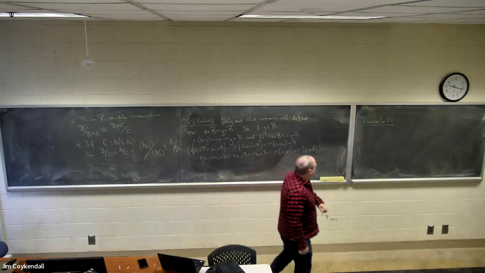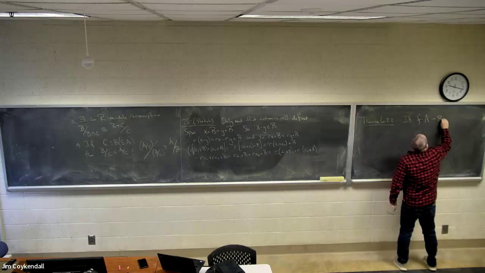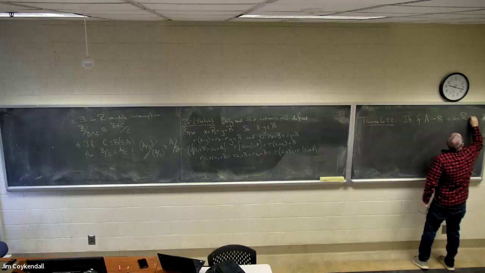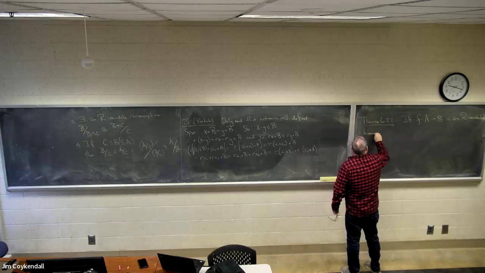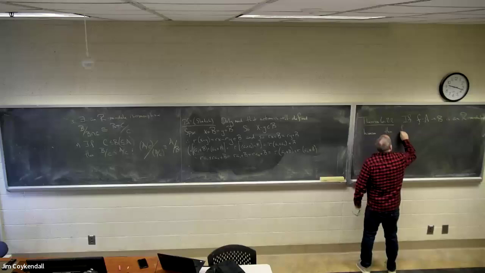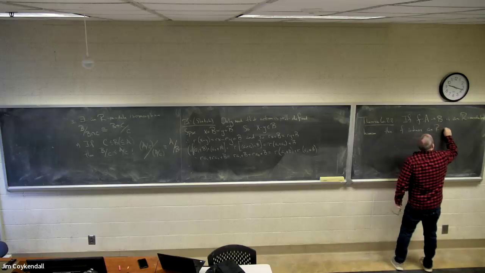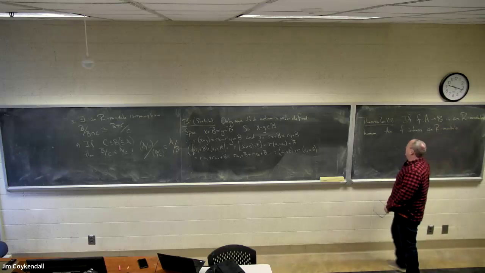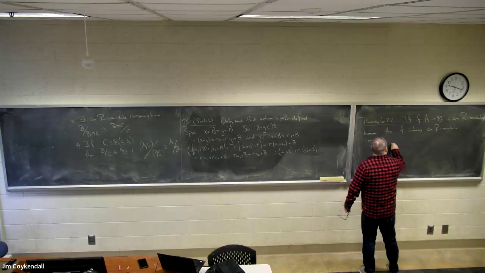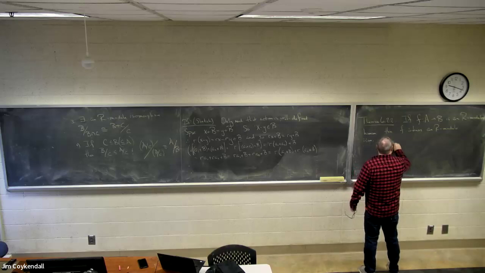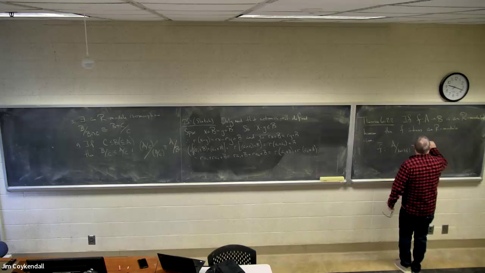If F from A to B is an R module homomorphism, then F induces an R module isomorphism F bar from A mod kernel F onto the image of F.